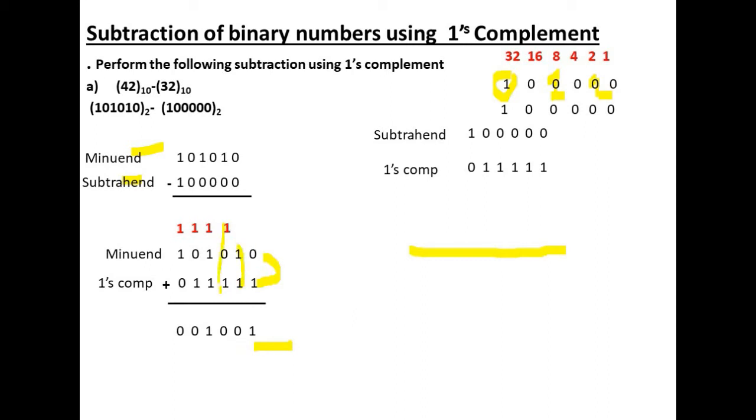Now 1 plus 1 is again 0 with carry 1. Now 1 plus 1 is going to produce 0 with carry 1. So carry is 1, but 0 plus 1 is again 1. Now 1 plus 1 gives 0 with carry 1. 1 plus 1 sum is 0 and carry is equal to 1.